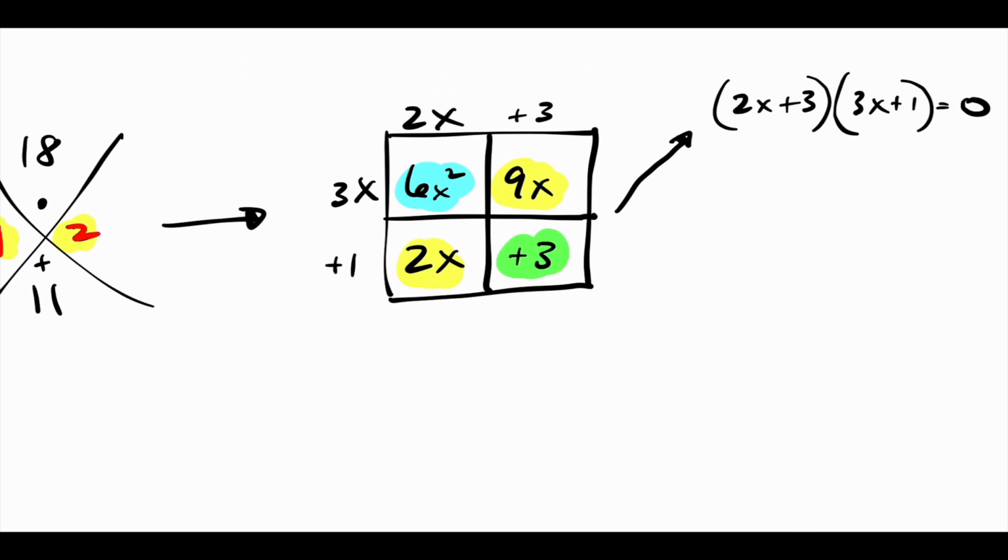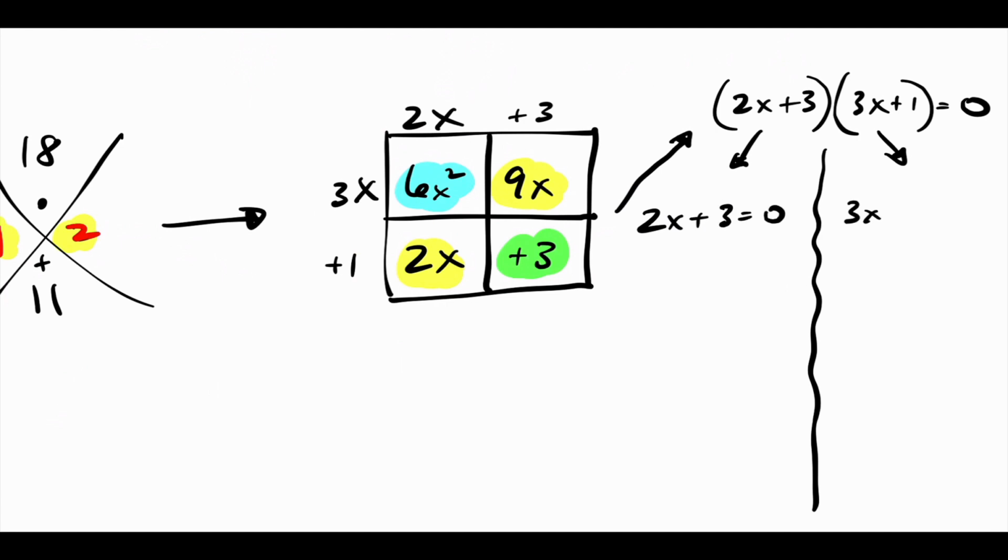Last step, separate and solve. 2x plus 3 equals 0. 3x plus 1 equals 0.